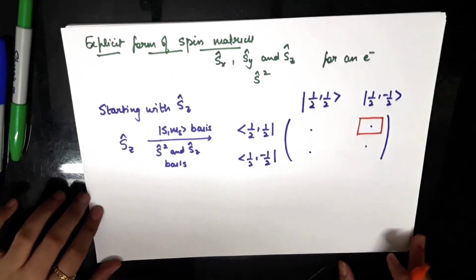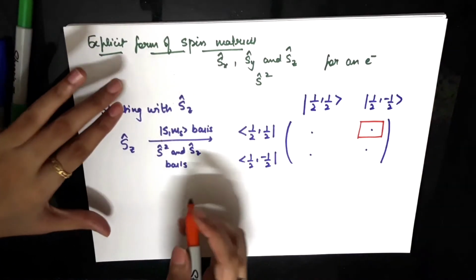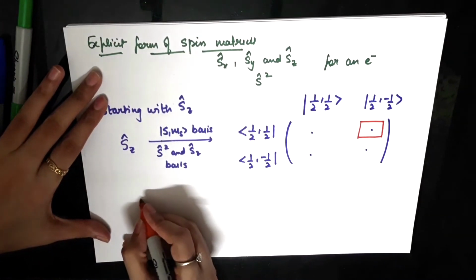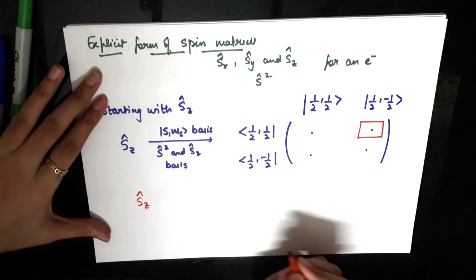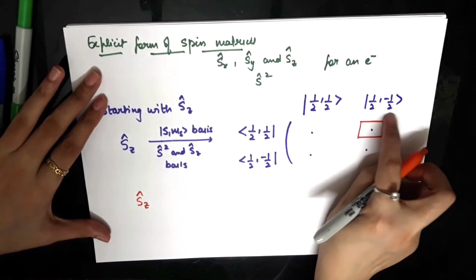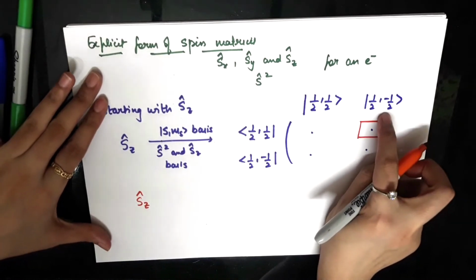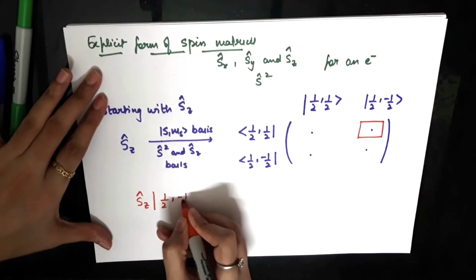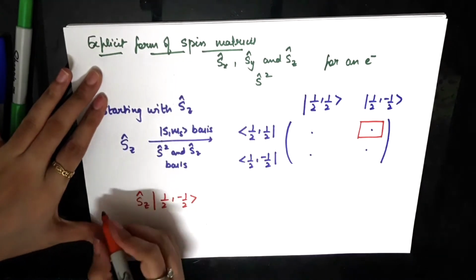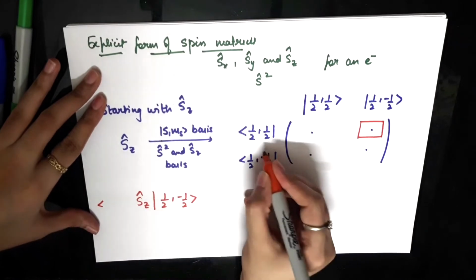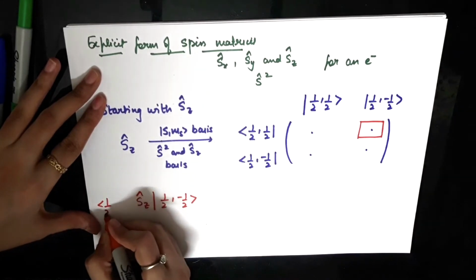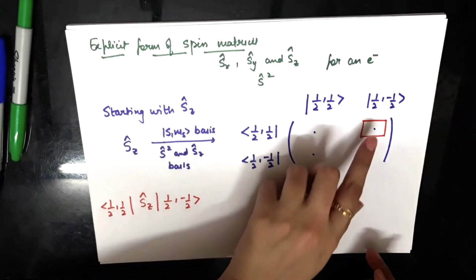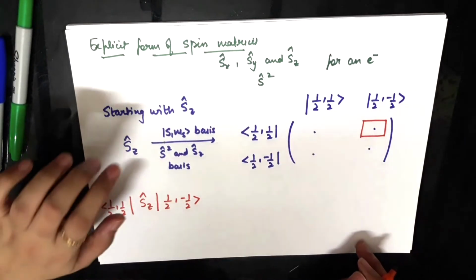This is the matrix element of the Sz operator for which the column entry is half plus half, which goes as a ket here, and the row index is half plus half, which goes as a bra here.